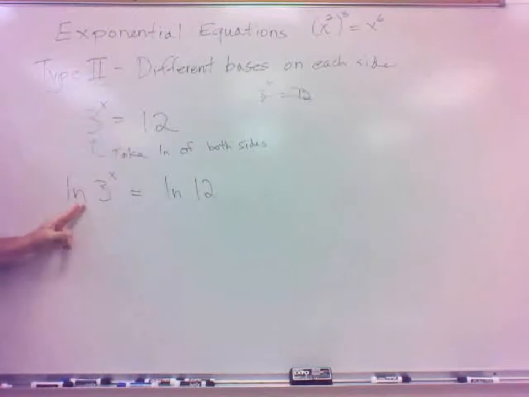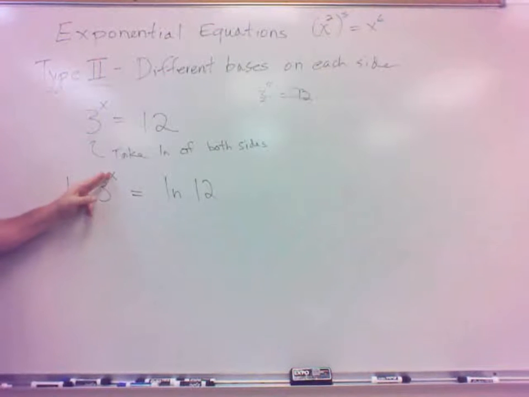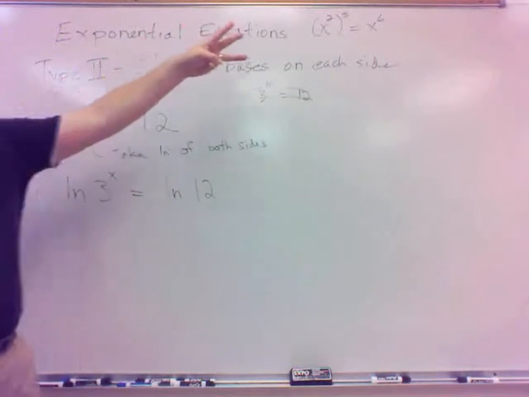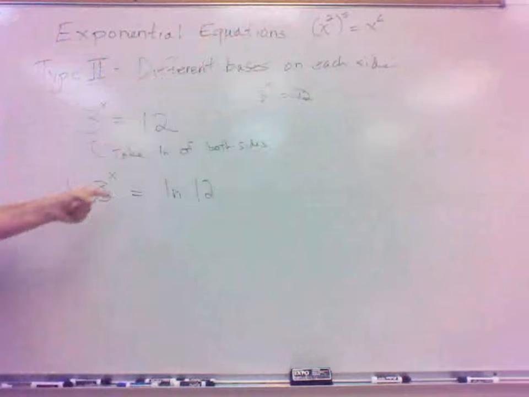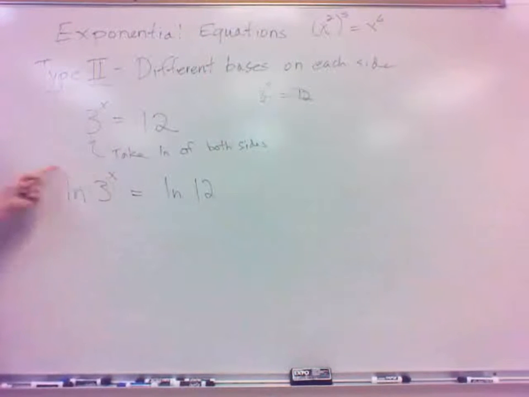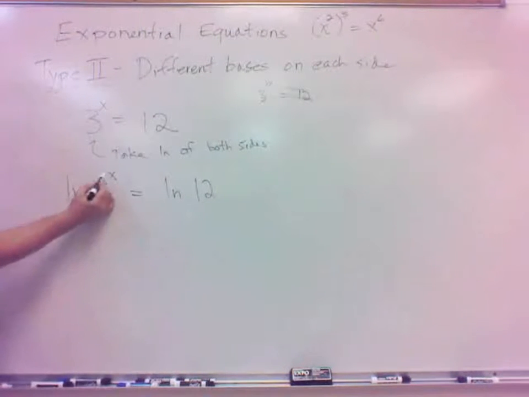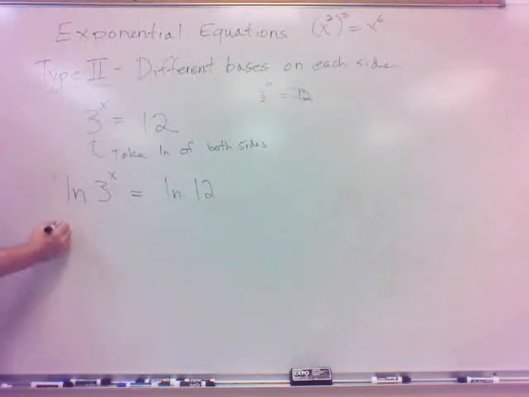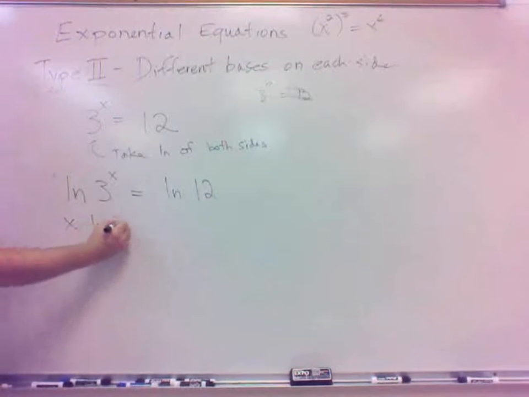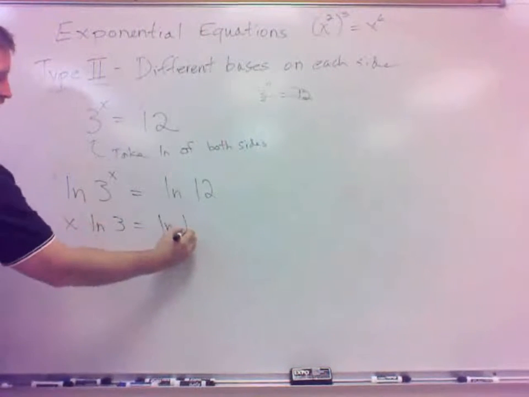And won't this do it? Since it's a logarithm, what can I do with the power? By property 3 of logarithms, doesn't that power pop out? Yeah. Since this is now a logarithm, I can bring this power out front, and it'll be x times the ln of 3 equals ln of 12.